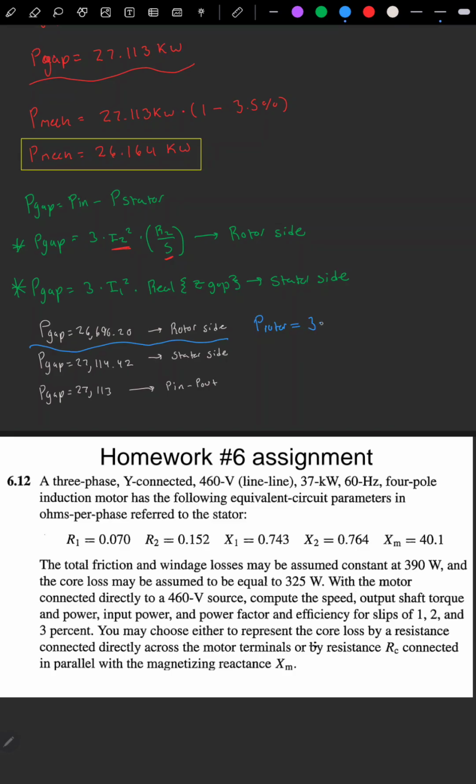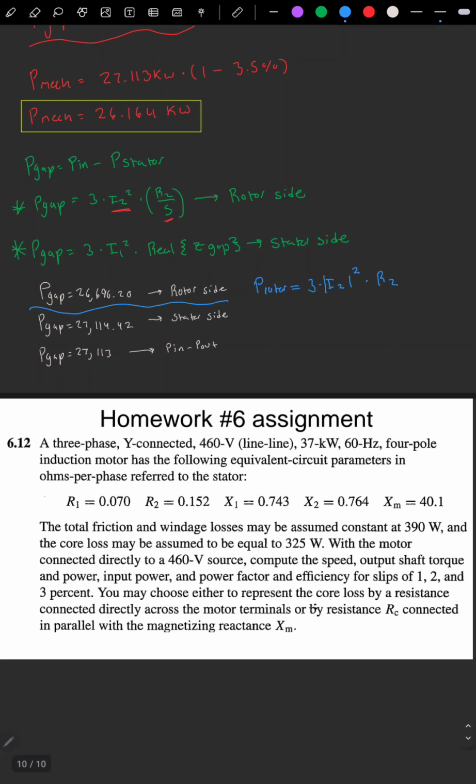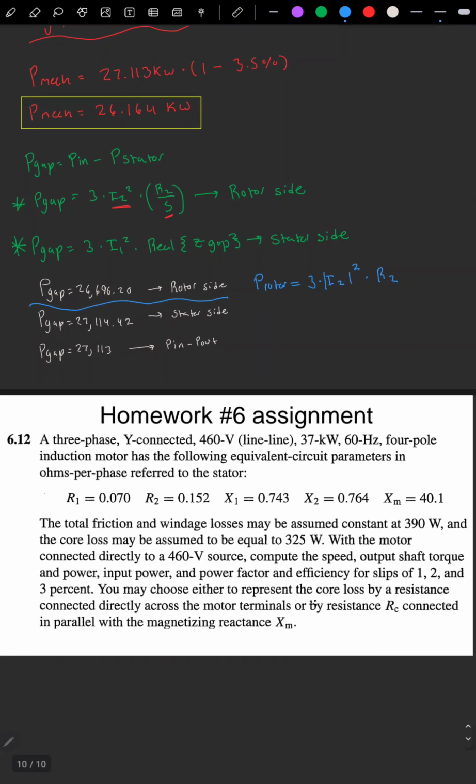It's just going to be 3 times I2 squared multiplied by R2, and it's asking for that in this question. So finding I2 isn't a bad idea, because you have to find it regardless. But all these equations are correct. They're all correct ways to find the P gap.